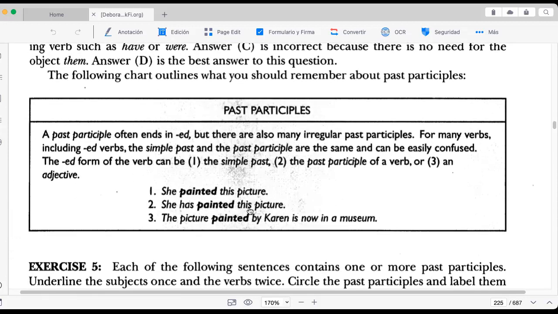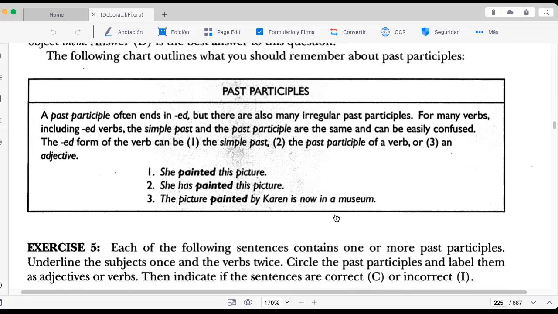He has painted this picture. And number three, the picture painted by Karen is now in a museum. Now you check that this is an adjective, the picture painted, because we don't have verb to be before. Okay? Do you understand?